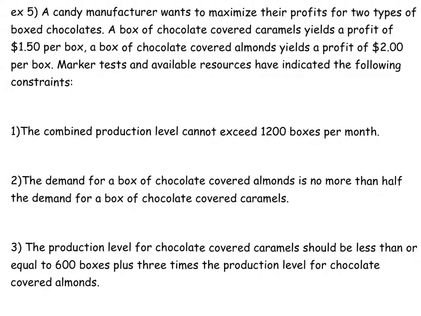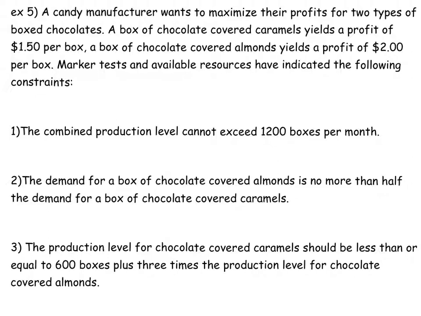All right, and here we go. This is typically what a linear program would look like. You get a big written description like this. We're selling these 2 types of chocolate-covered candies. One is caramel, and the other are almonds.